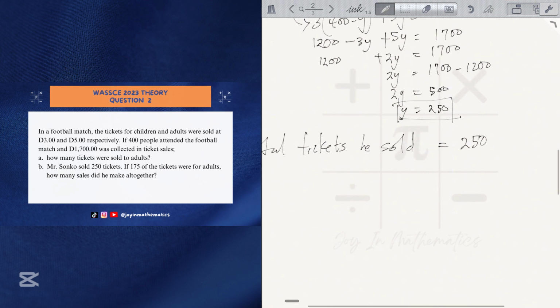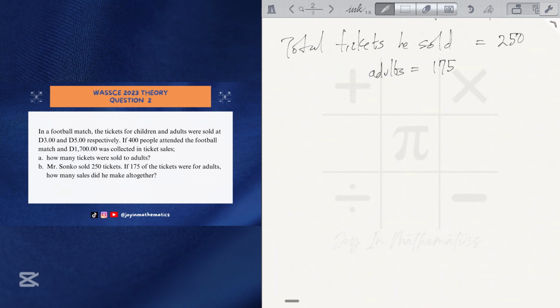So adults is equal to 175. The children will be equal to 250 minus 175, and this will be equal to 75.